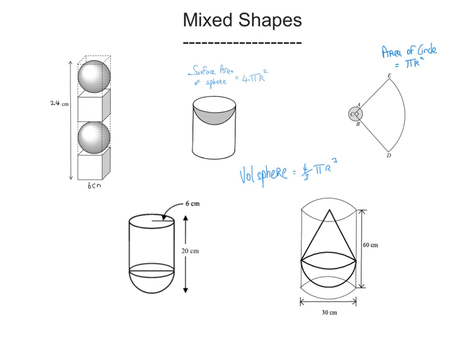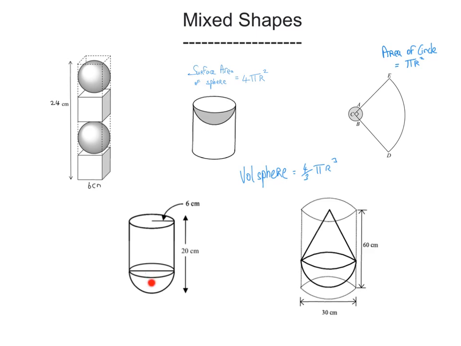And the key here is to realize that the radius of the hemisphere is also equal to the height of the hemisphere. Remember, radius really means from the center of the sphere or the hemisphere to the edges of the hemisphere. So radius can go in any direction. So here is what we normally think of as the radius, but the radius can go in this direction, and this direction.